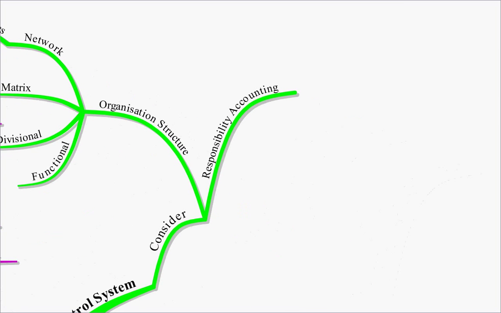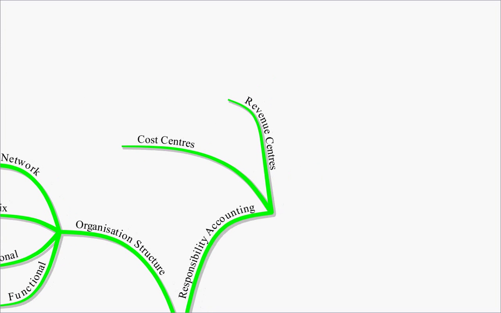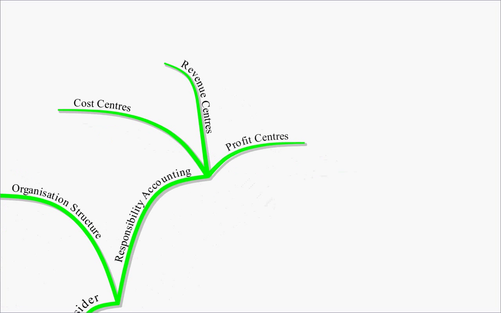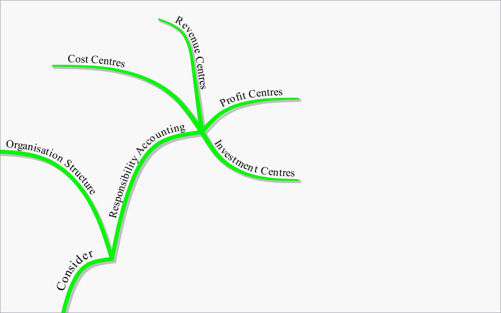You'll also have to consider the responsibility accounting within the organisation. Does it operate cost centres, revenue centres, profit centres, or investment centres? All of these will have to be considered when designing an effective system.